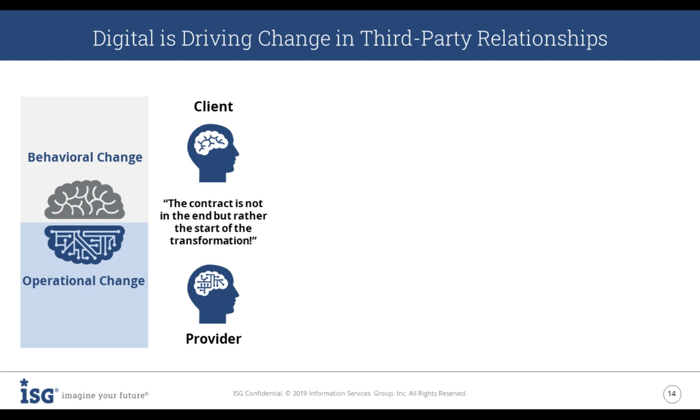So many of you are probably well aware that sourcing has changed a lot over the past couple of decades. 20 years ago, in what we call Generation 1 deals, companies focused really on cost reduction, primarily by transferring assets like data centers to service providers. In second generation deals around 10 years ago, the focus was still primarily on cost reduction, but service providers used labor arbitrage instead to get those kinds of savings.